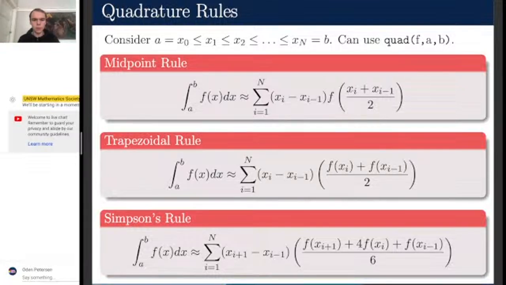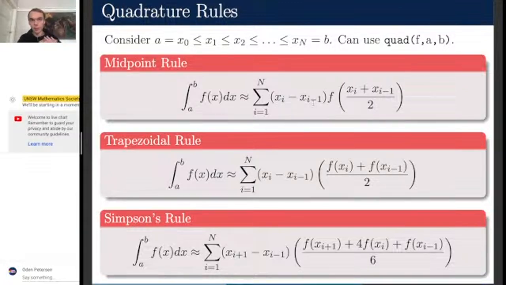That's similar to this first rule here, which is just the midpoint rule. Basically we're cutting our interval up into x0 to x1, x1 to x2, and so on. Then we sample the function at the midpoint of each of those subintervals and multiply it by the length of the subinterval.